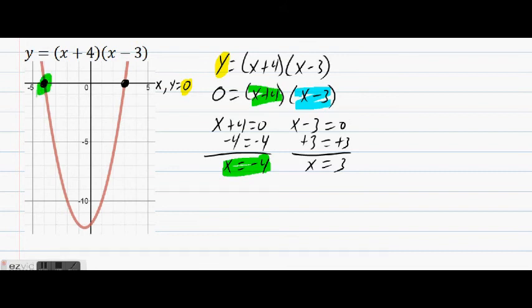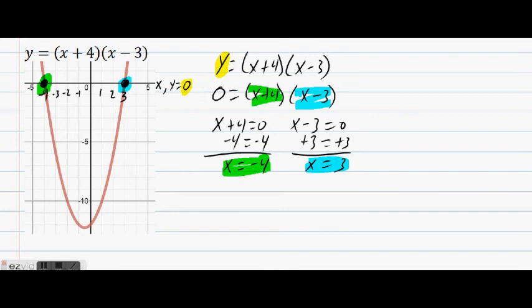Does that point look like it's at negative 4? What about this point? X equals 3. Is that 3 on the x-axis? If you're still not sure, there's 1, there's 2, there's 3. Negative 1, negative 2, negative 3, negative 4.